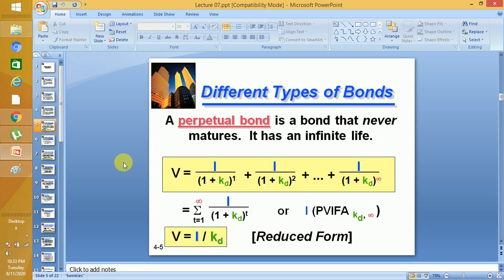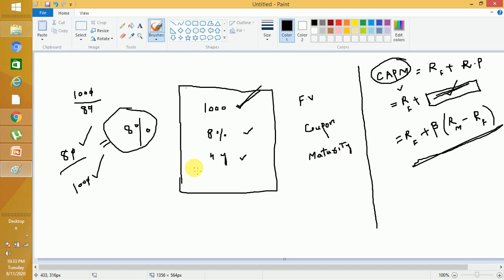Now there are different types of bonds, and the first one is the perpetual bond. A perpetual bond is a bond that never matures, meaning it has an infinite life. We discussed that a bond has maturity, but there are some bonds that don't have any maturity.